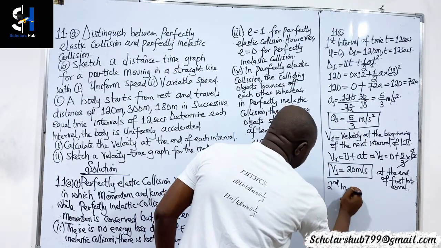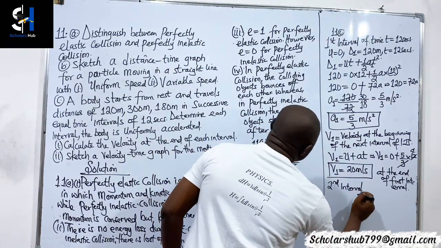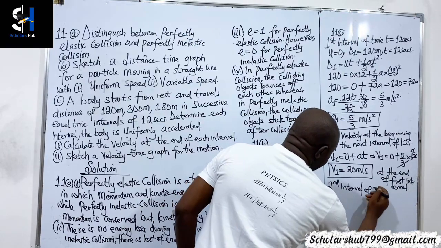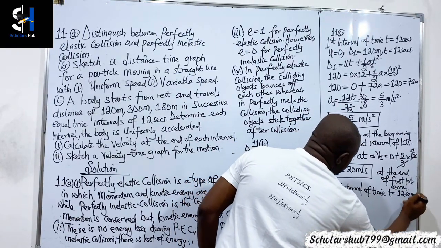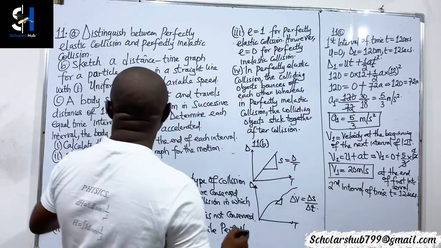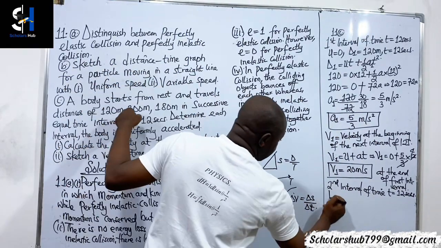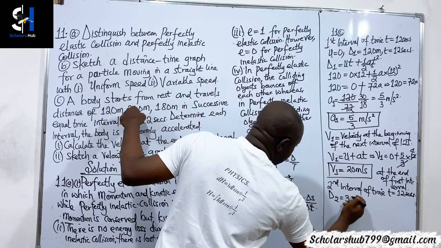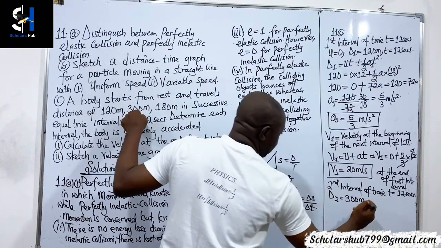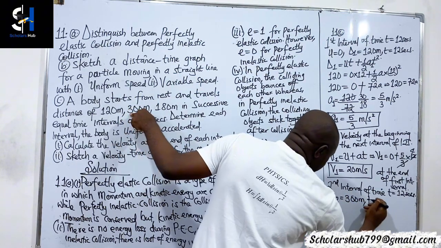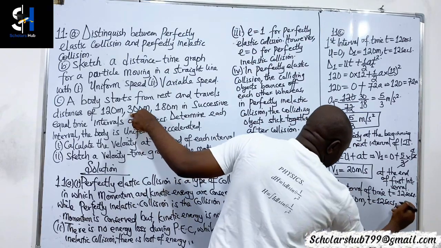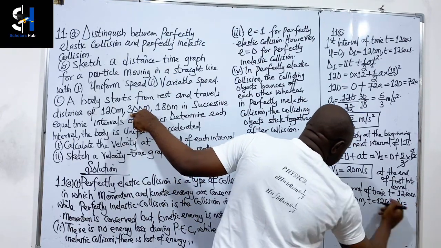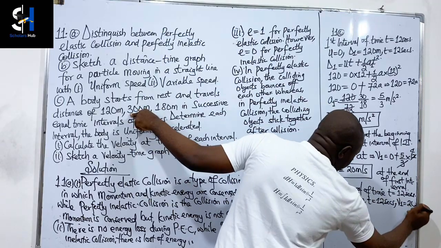Now, second interval of time t equals 12 seconds. We have the distance to be 300 meters, so d2 equals 300 meters, and t equals 12 seconds. Let's not forget that the initial velocity will now be 20.